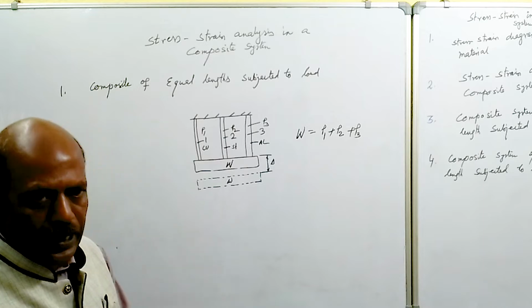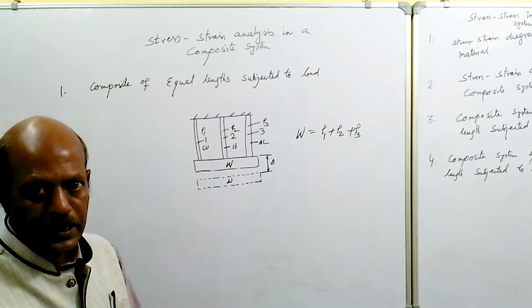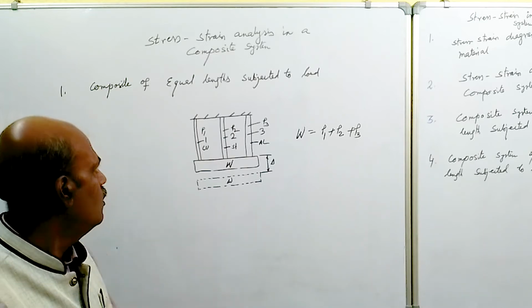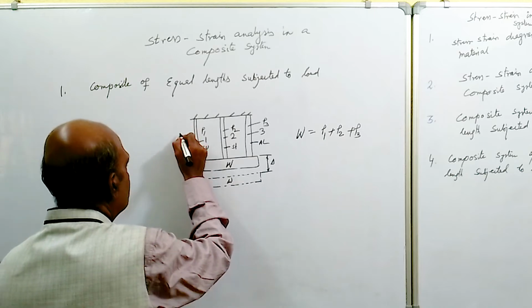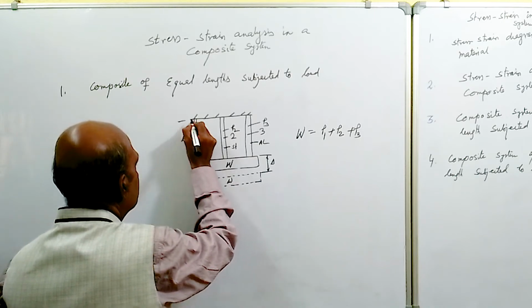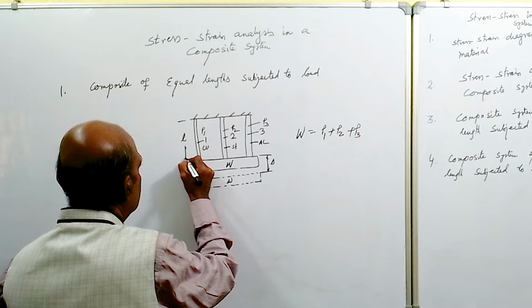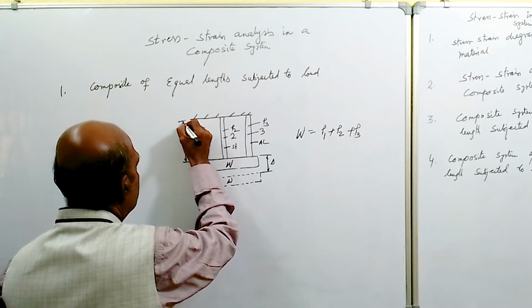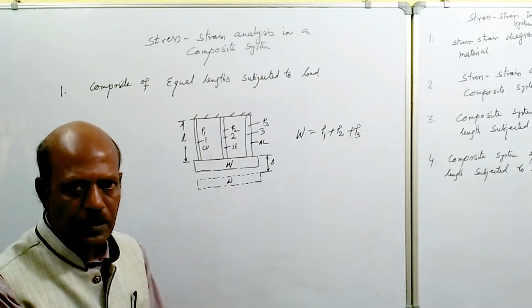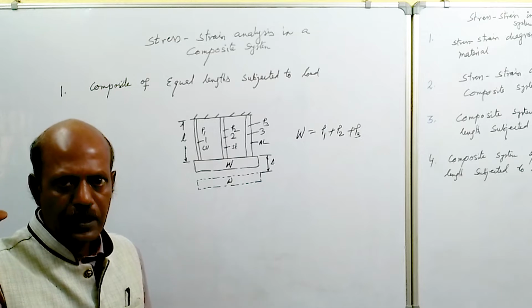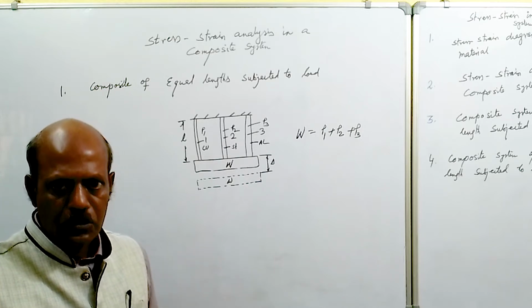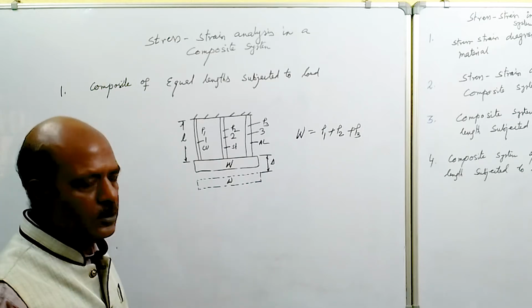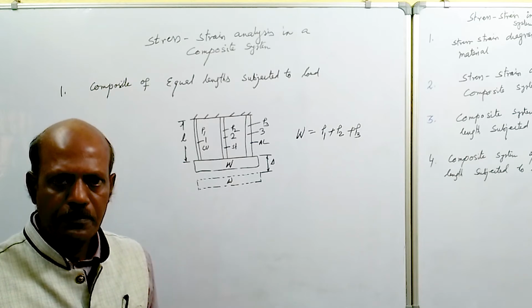So delta is the deformation taking place on all the bars. The original length of the bar, as seen from the figure, is equal on all the bars. So the original length of the bar is equal, and the deformation produced in the bar is equal on all the bars. Thereby the strain produced in all the bars will be the same.